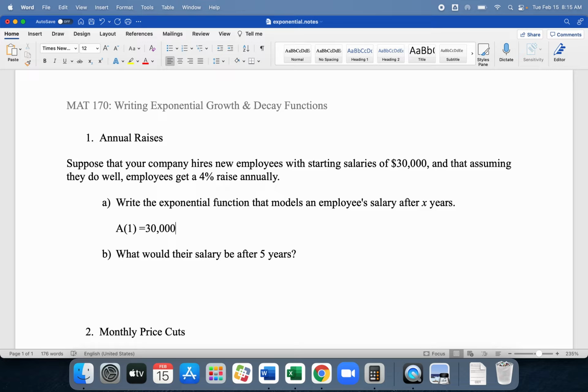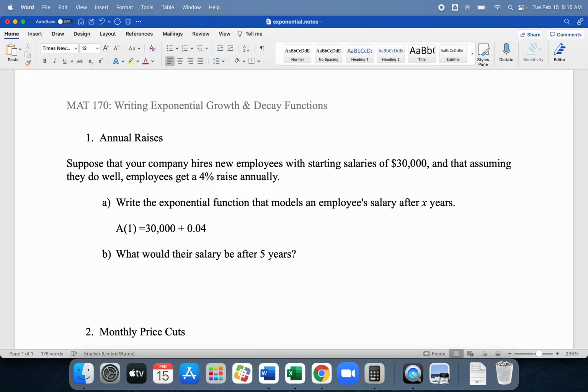4% means 4 percent, and thinking back decimal-wise, that's 0.04. So is this it? 30,000 plus 0.04? Does that give me a 4% increase in my salary? No, that would be a 4-cent increase.